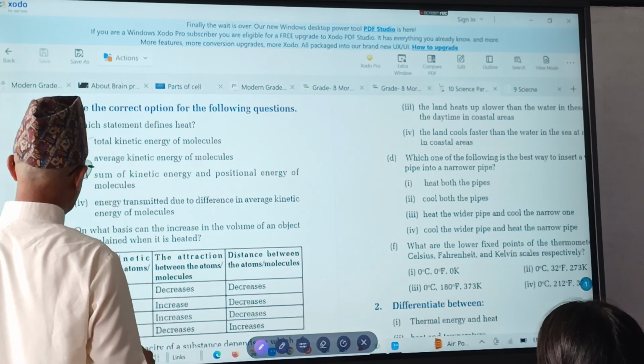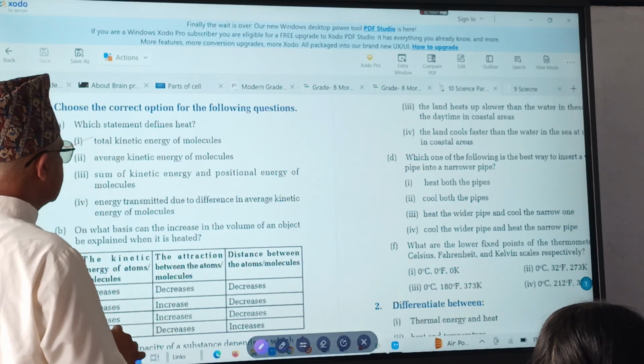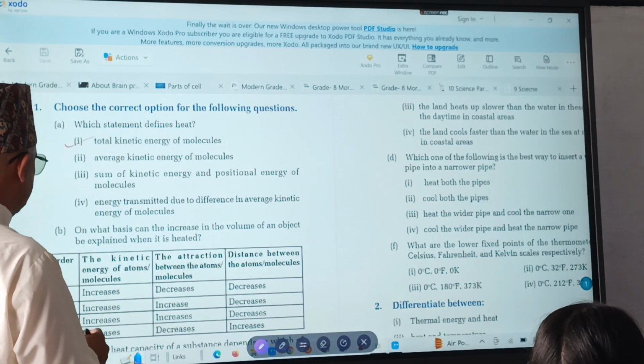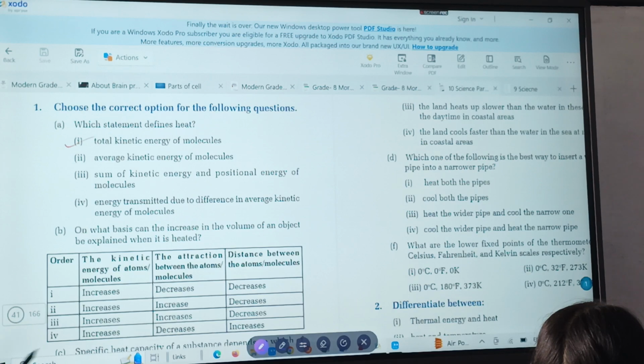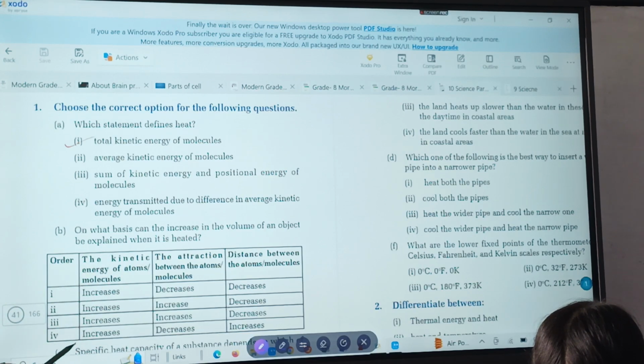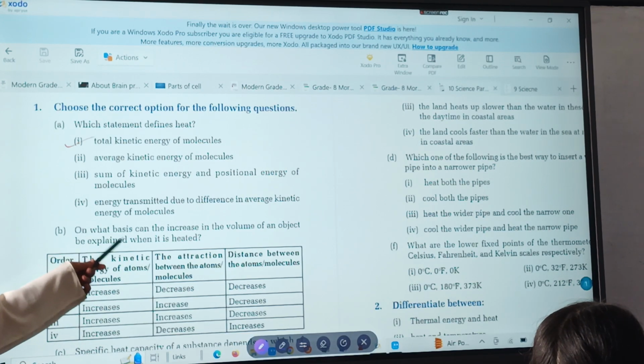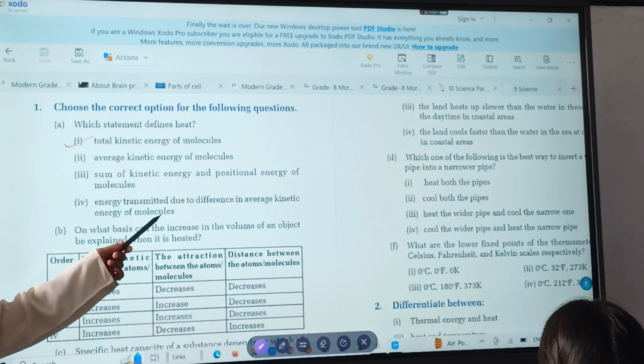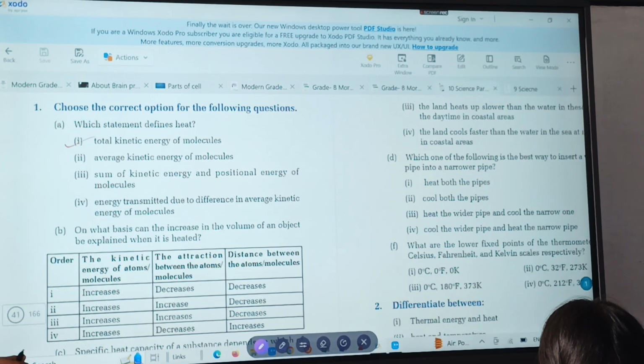Number B. On what basis can the increase in the volume of an object be explained when it is heated? The options are: the kinetic energy of atoms and molecules, the attraction between the atoms and molecules, and the distance between the atoms and molecules. Kinetic energy increases, attraction between the molecules decreases, distance between the atoms and molecules increases.